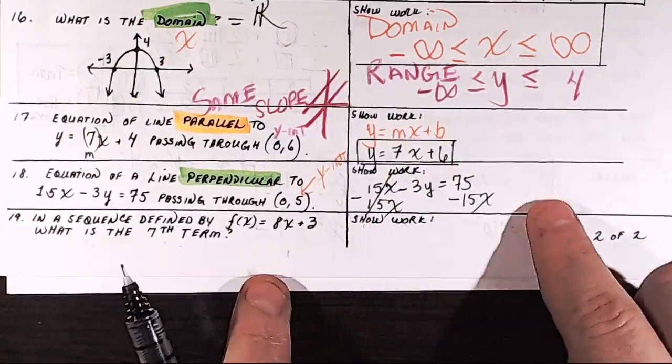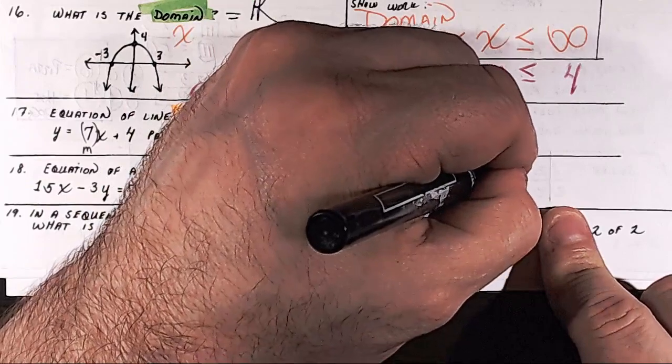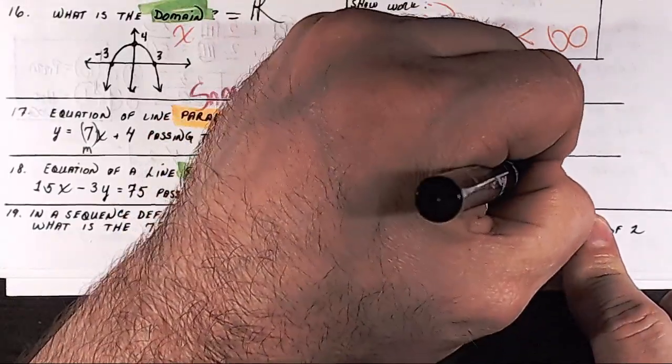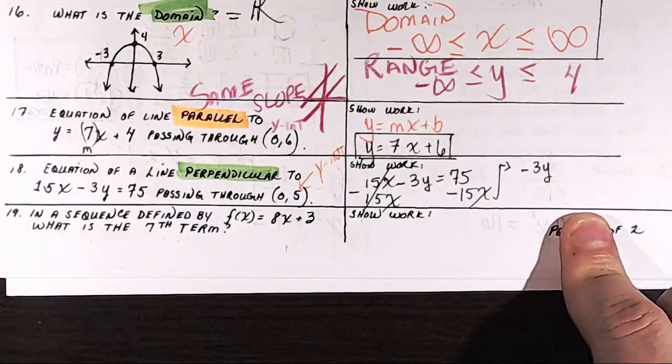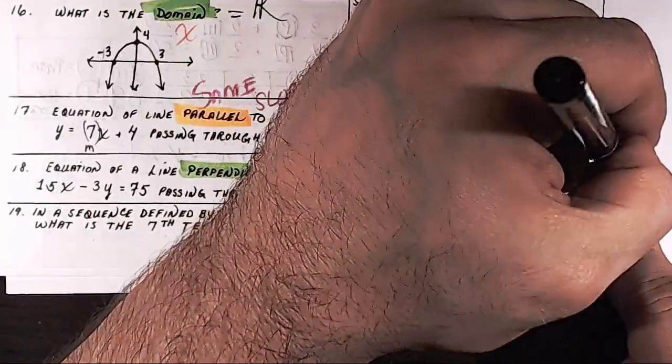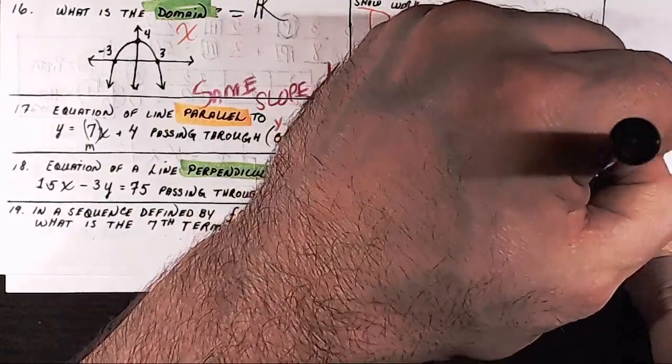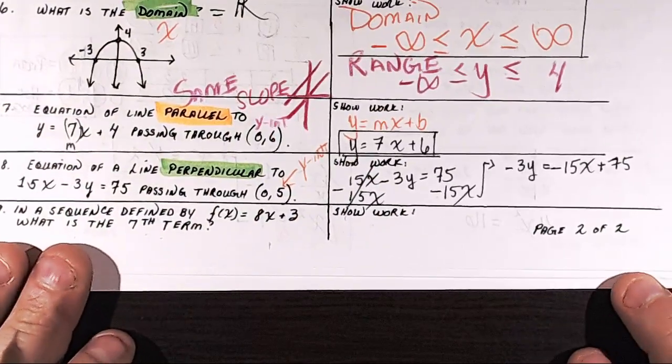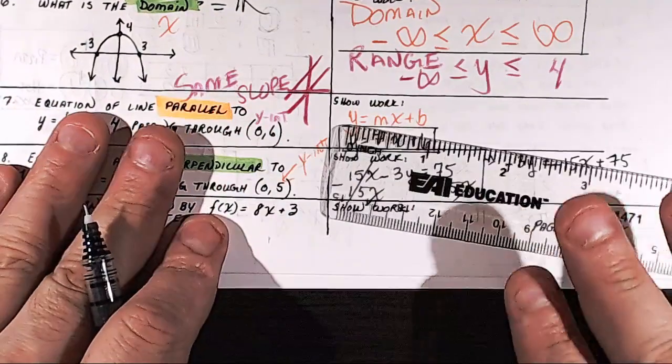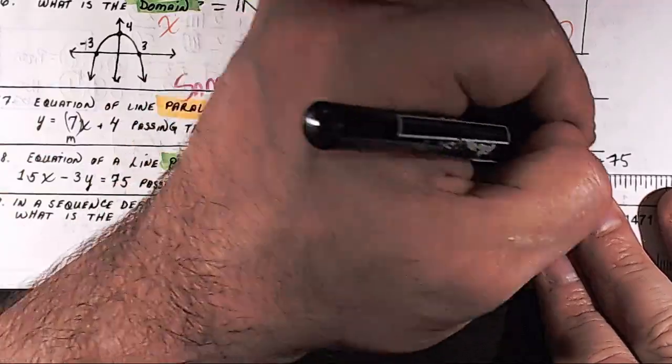And then I'm going to make a little bit more room. I have negative 3y equals, and put the negative 15x up front, negative 15x plus 75. Okay, and now I have to divide every term by negative 3 to get rid of that negative 3.